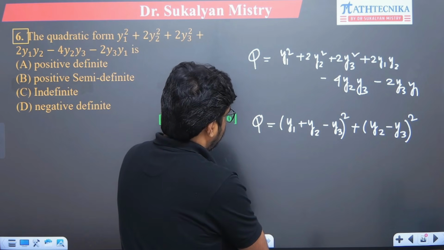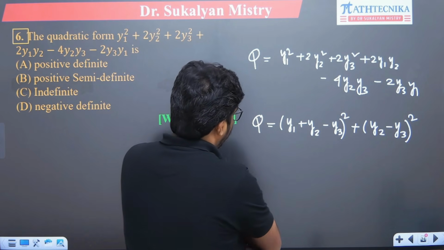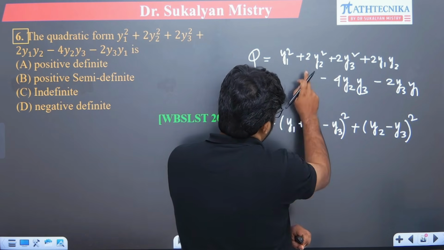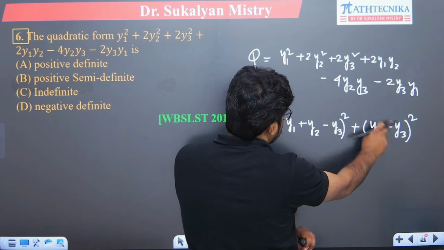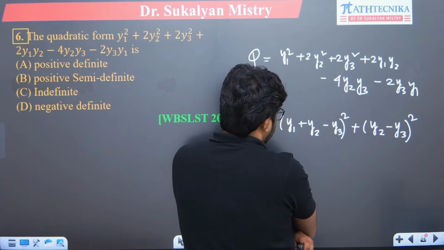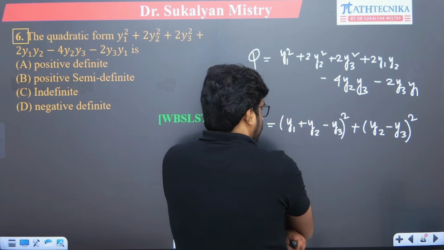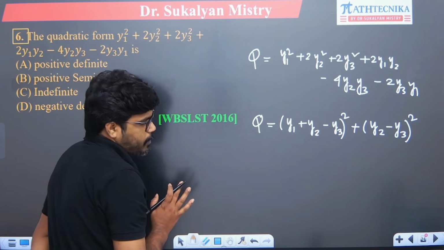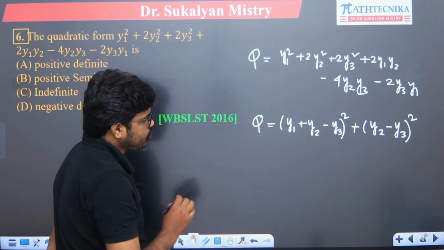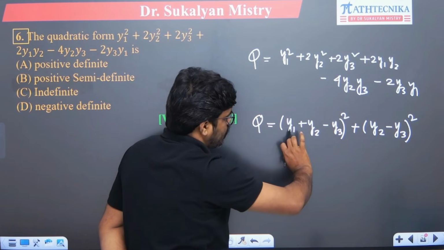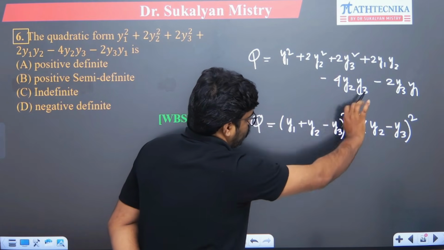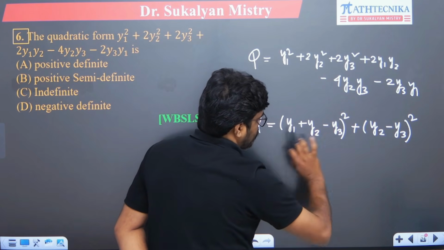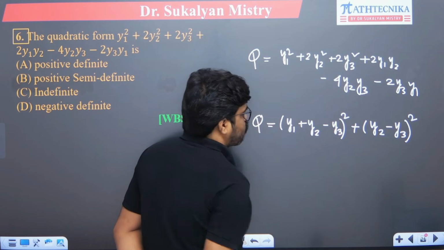Clear? It is balanced. a square plus b square plus c square, y1 square plus y2 square plus y3 square plus y3 square, that is 2y3 square, right? Okay, now see this, is it clear? Plus 2y1 y2 plus minus 2y1 y3, right? Minus 2y2 y3 minus 2y2 y3, this is minus 4y2 y3, right?